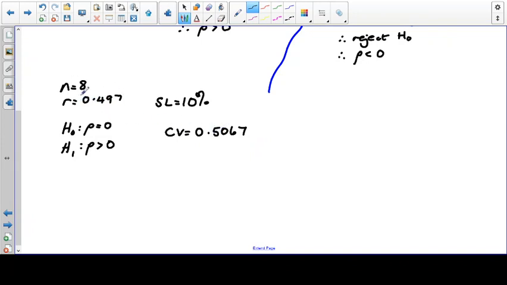Okay, now this time our sample PMCC's correlation is not as strong as that. R is less than the critical value. R is not as strong as the critical value. Okay, so because this isn't as strong as what it's suggesting it needs to be, then in this case we will fail to reject H0.